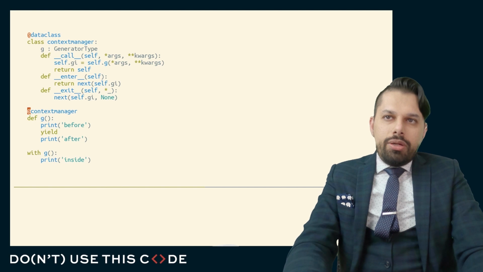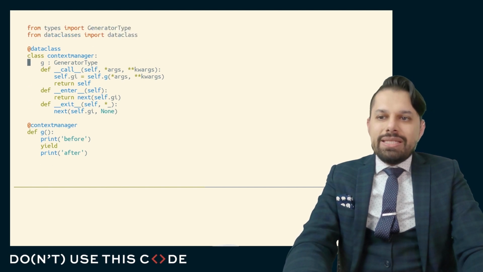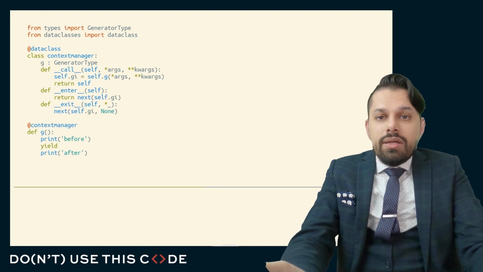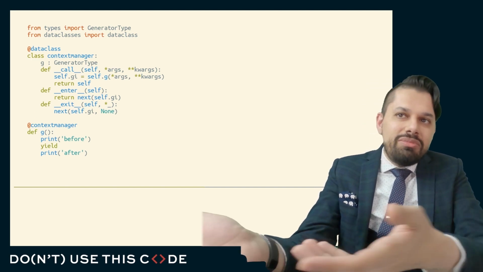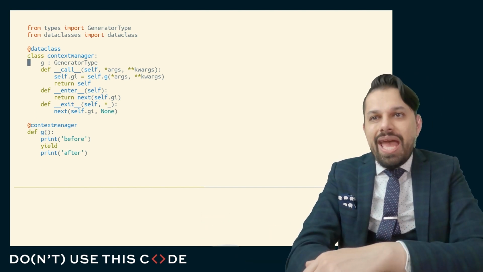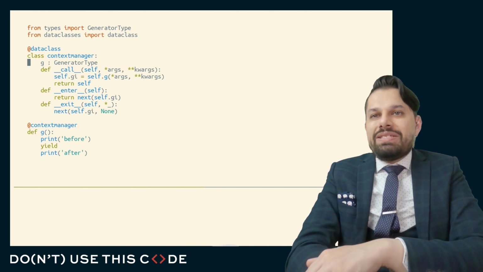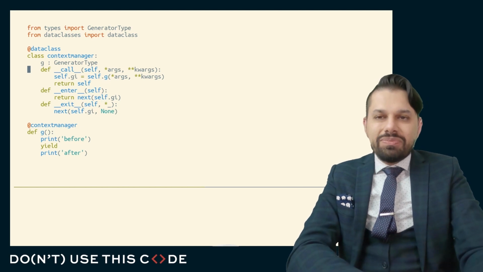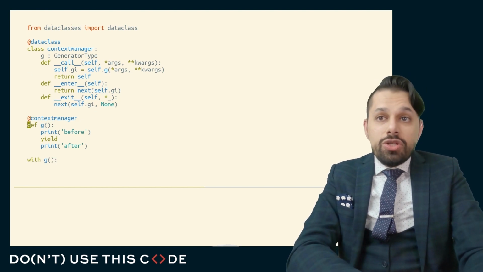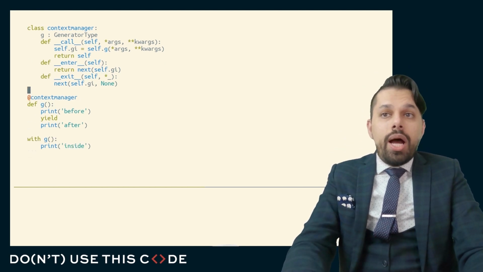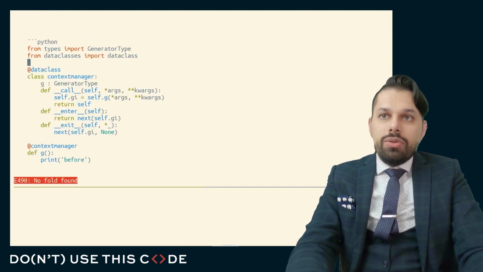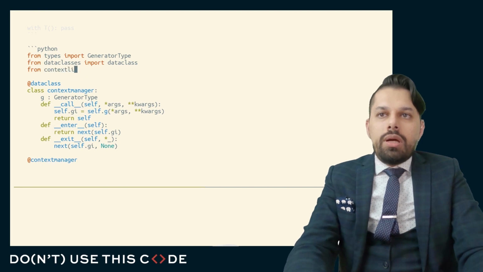So it'll take this generator, load it into this class, and give me an instance of this class, because a decorator is basically a function that takes a function, returns a function, even though in this particular case it happens to be a class that takes a generator and returns an instance of that class. And this is the shorthand that I might use to implement my context manager. And in fact, this is exactly what I do when I say from contextlib import contextmanager.